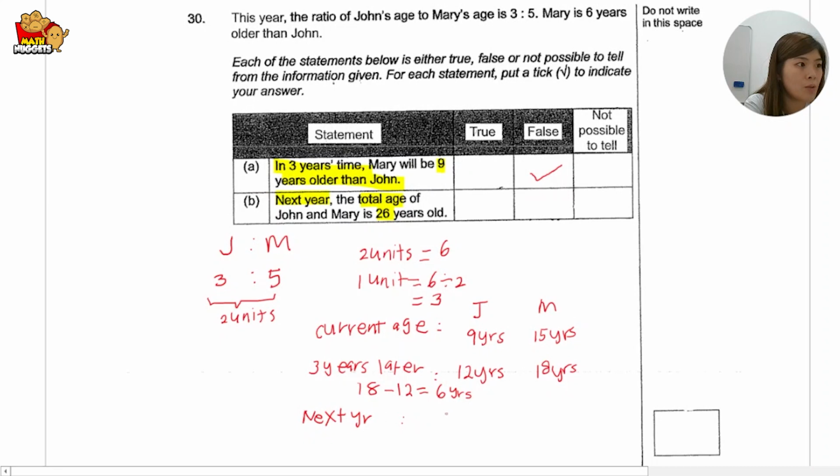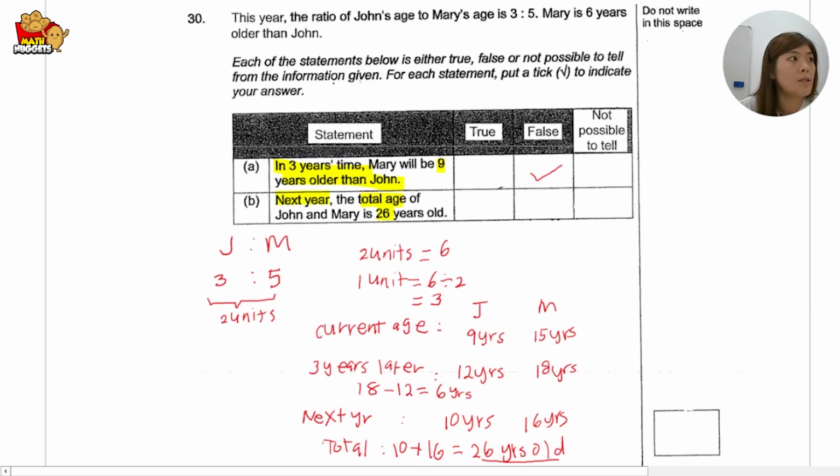John would be 10 years old, and Mary would be 16 years old. So their total age would be 10 plus 16, it gives you 26 years old. So 26 years old is correct. So this statement here is correct, so we put a tick here.